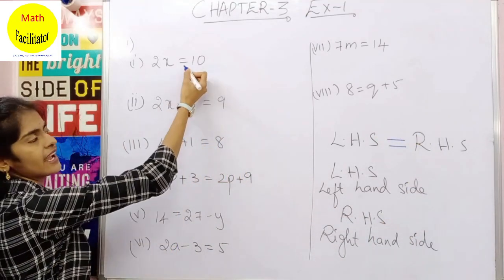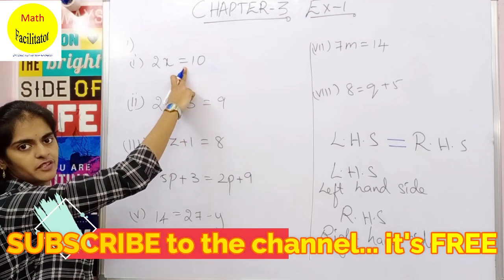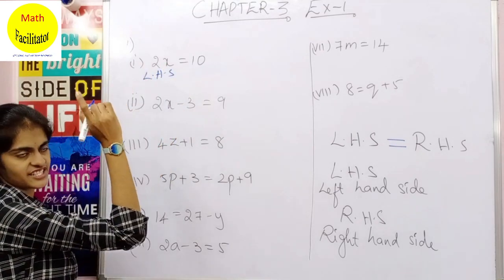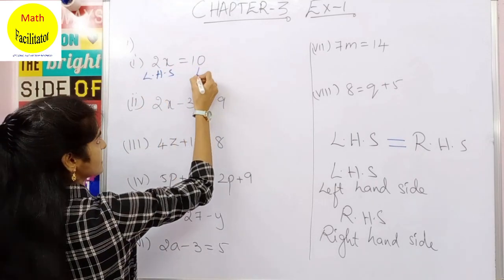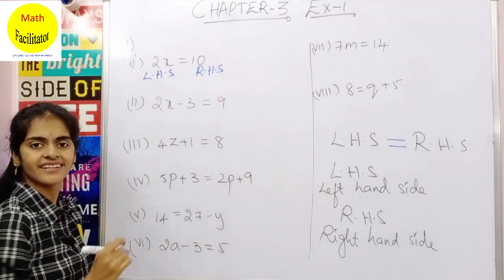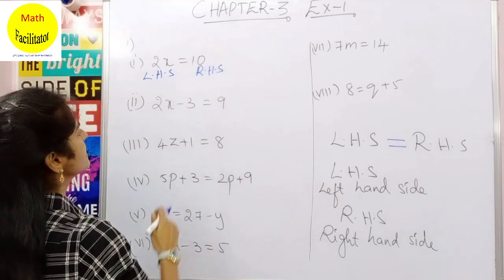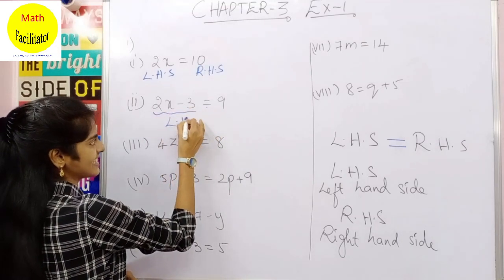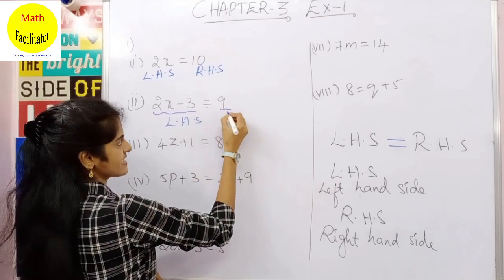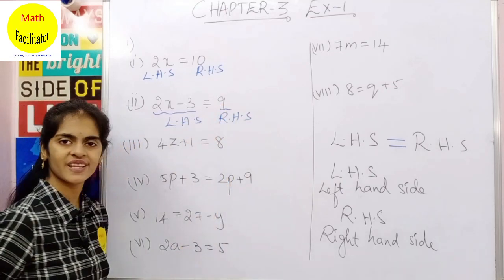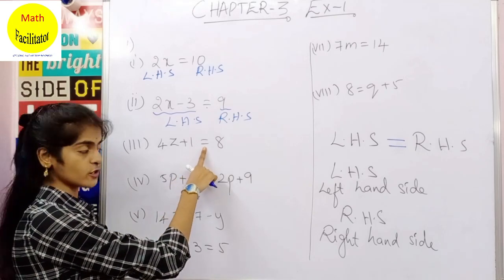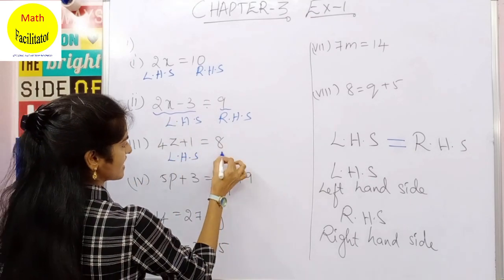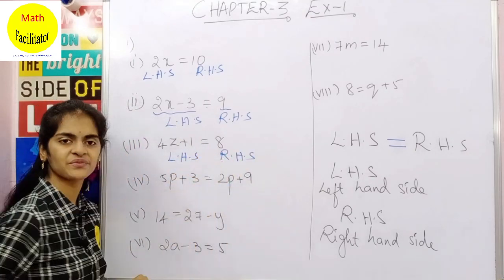Now you can identify. Here you have the equal to sign, so this is the left hand side, this is LHS, so 2x is LHS, and now what is RHS? RHS is nothing but 10, because it is to the right hand side. Clear? Similarly, here you have the equal to sign, so this complete thing is LHS and this is RHS. Here you have equal to, so these terms on the left hand side are LHS, and this is RHS.